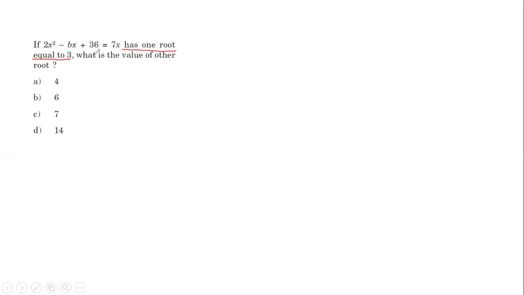Now one lengthy way is, first of all, I make an equation 2x square minus bx, I'll take everything on one side. So minus 7x plus 36 is equal to 0.